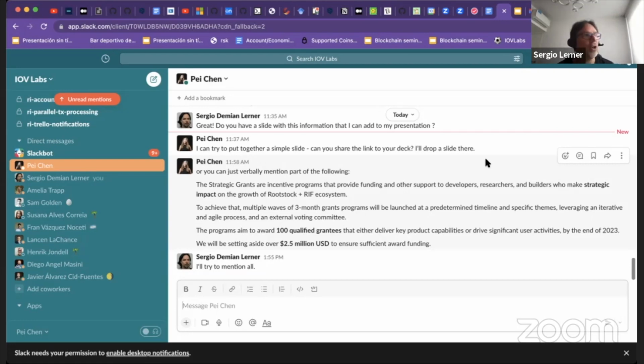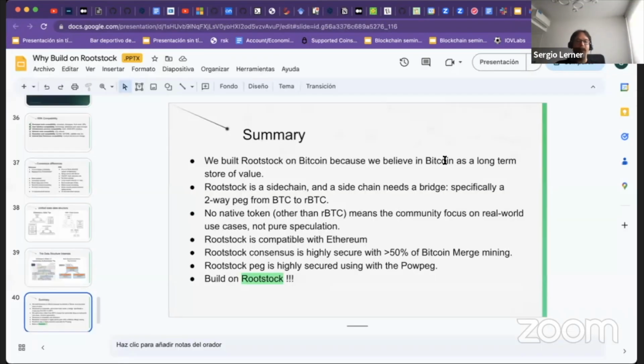And there will be an external voting committee so that it's completely fair. We are aiming to have 100 grants given this year, and about 2.5 million of funding waiting for this program. I think this is great. I hope you take this opportunity.